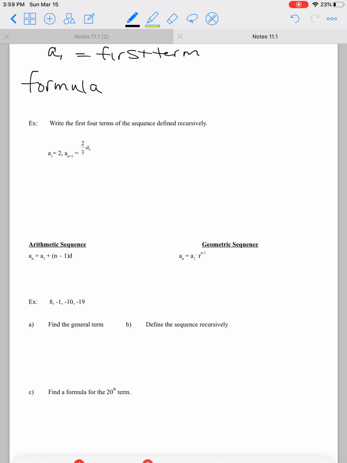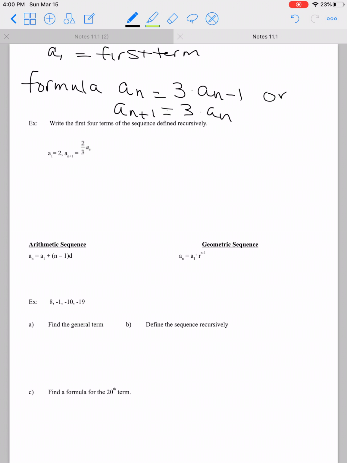So a sub n would be equal to 3 times a sub n minus 1, which means that I would take the term ahead of it times 3. I could also write it this way: a sub n plus 1 equals 3 times a sub n. That's an equivalent formula which would also generate the recursive.